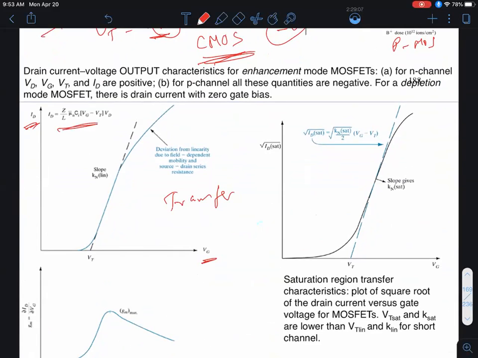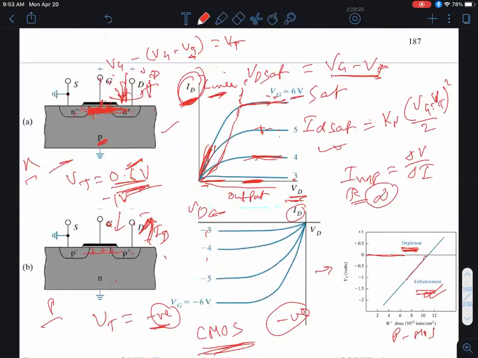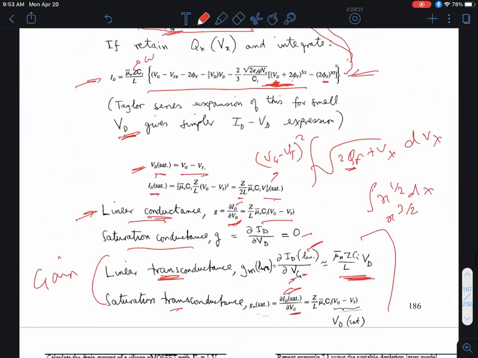Well, you can look at the linear region characteristics, where for low drain biases, I've ignored the minus half VD squared term that I had. Okay. If you look at the previous expression, you had a minus half VD squared. I'm kind of ignoring that for a second. And let's see what I get. Well, if I plot ID as a function of VG, this expression that I showed a while back.